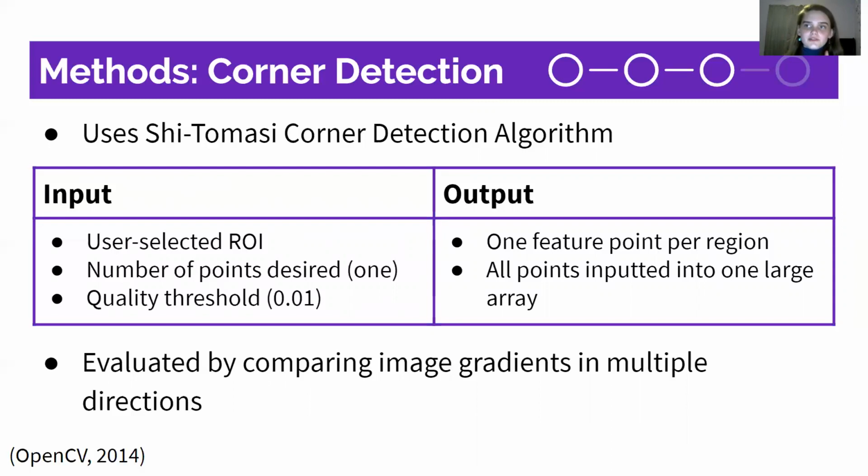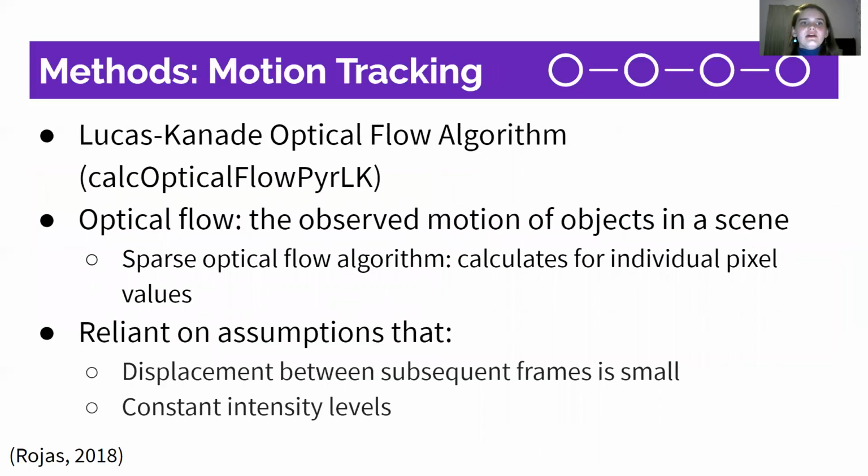So after the points have been identified in this step, we then need to get into actually tracking them. To do this, I use a function called the Lucas-Kanade optical flow algorithm for sparse pixel values. Within the OpenCV library, it's called calcOpticalFlowPyrLK, which stands for Lucas-Kanade optical flow. So what is optical flow?